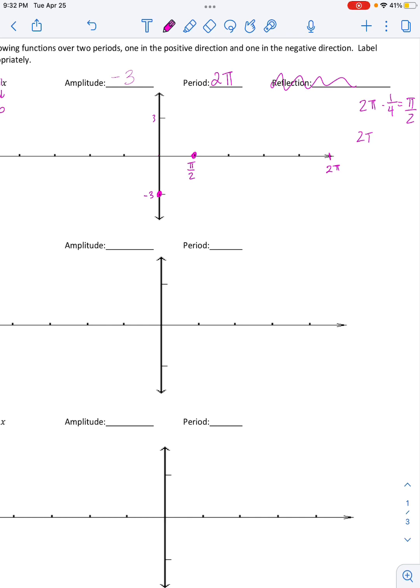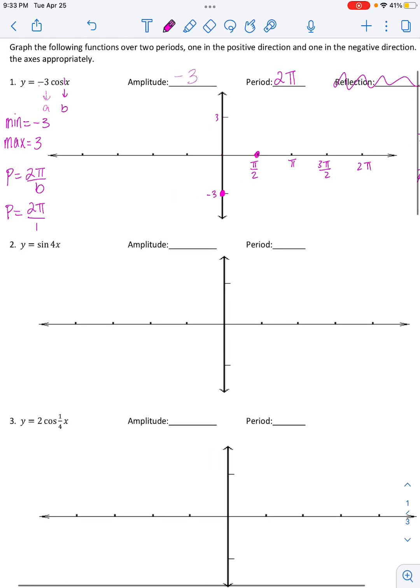We're then going to split it in half by multiplying it by 1/2, which is pi. And then we're going to break it up into 3/4, which is 3 pi over 2. So we have pi over 2, pi, 3 pi over 2, and 2 pi. So we're starting at -3 because cosine is negative.